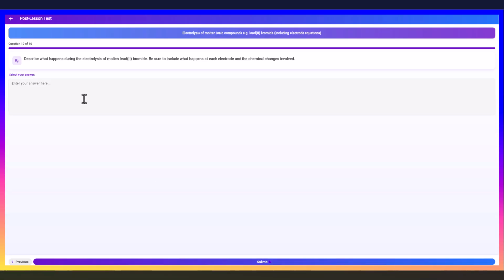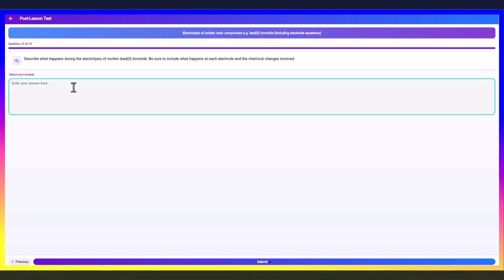Describe what happens during the electrolysis of molten lead 2 bromide. Be sure to include what happens at each electrode and the chemical changes involved. Okay, so the lead ions have a charge of 2 plus.